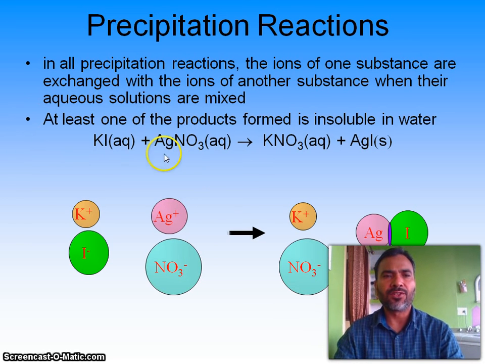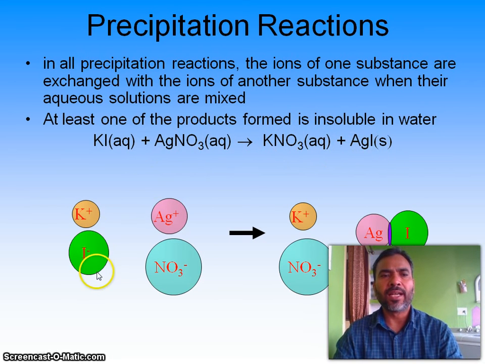Look at this reaction. Potassium iodide aqueous and silver nitrate aqueous react together to form potassium nitrate aqueous and silver iodide. All are in solution, but this one is solid.